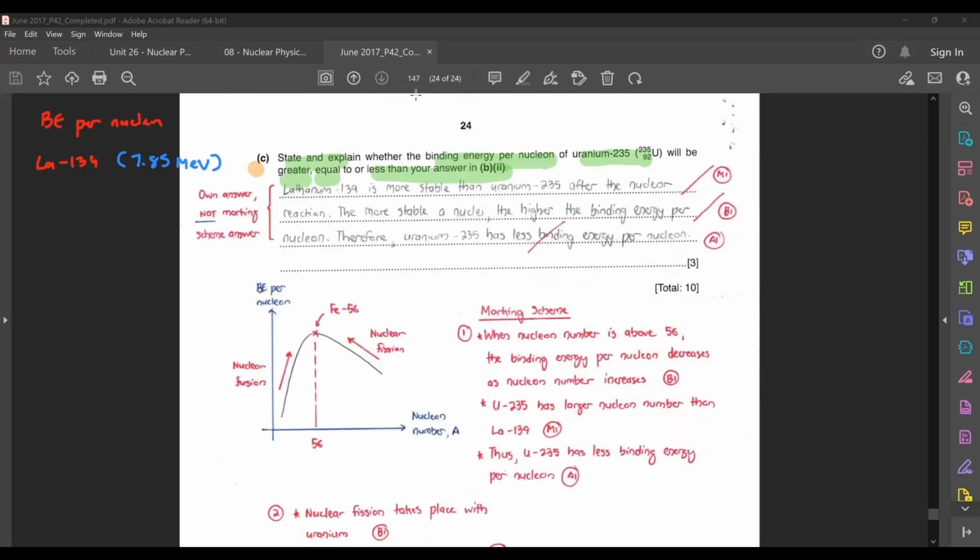Now here they want you to comment on the binding energy per nucleon of uranium-235. Would it be greater, equal to, or less than?